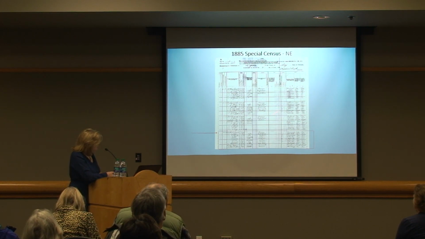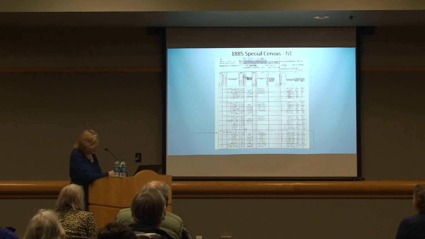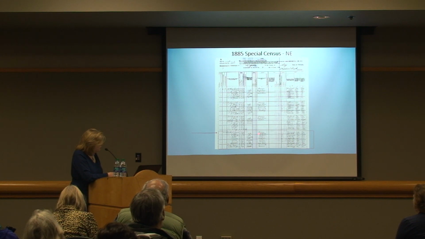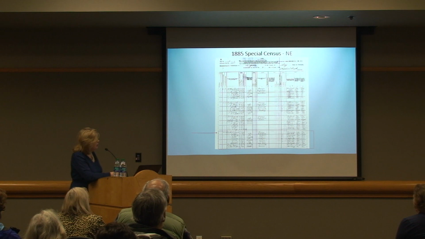This is the family of James Woodard. He is 40 years old and a farmer, and it shows that his parents were born in England and Ireland. And it gives us the ages and the sex of everyone else in the household.